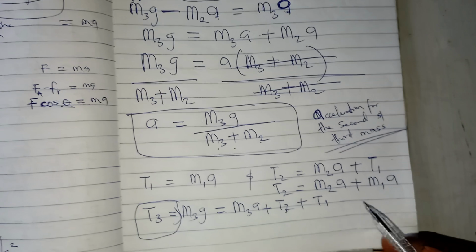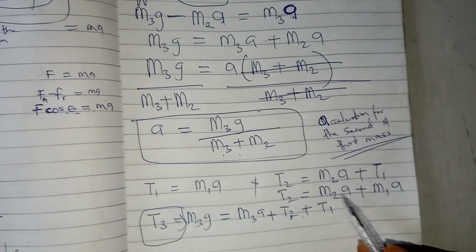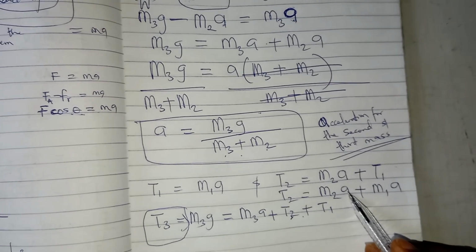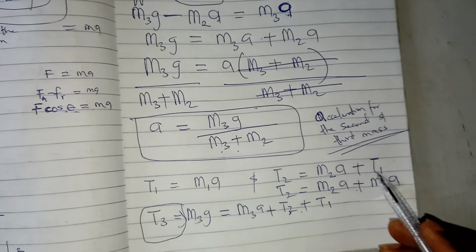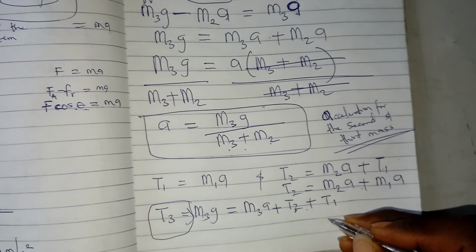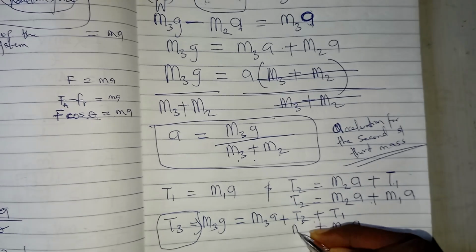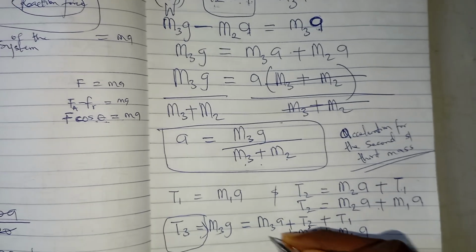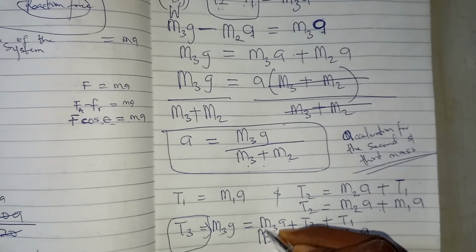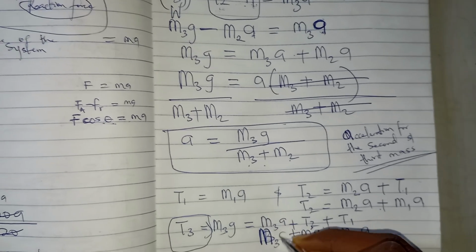And notice that T2 and T1, T2 has M2A plus M1A, and that M1A is for T1. So let's replace it, M1A plus M2A plus M3A.